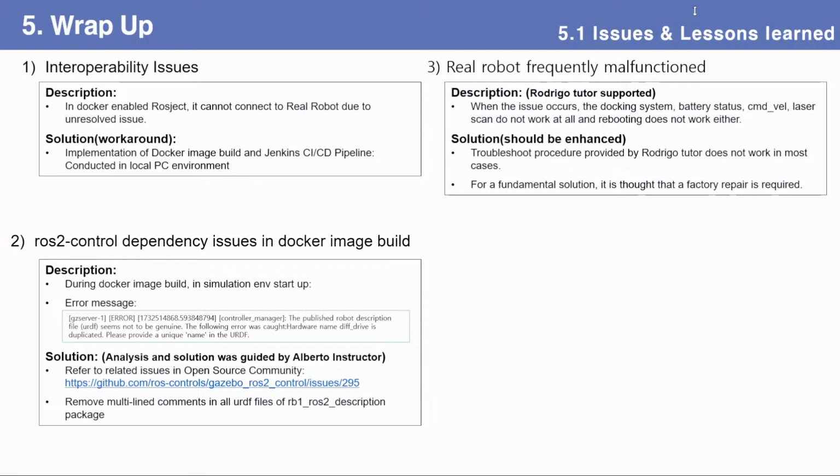The solution is actually a workaround, which is why it has to be done in my local PC environment. Number two, a dependency issue. During the Docker image build, I got an error message saying the hardware name was duplicated. It made no sense to me at all. But Alberto guided me through the analysis and solution. Thanks to him.